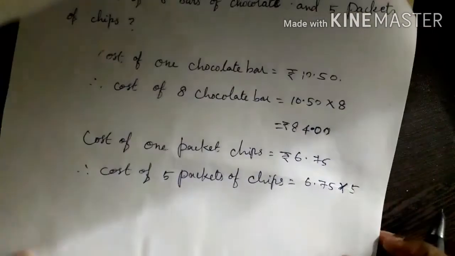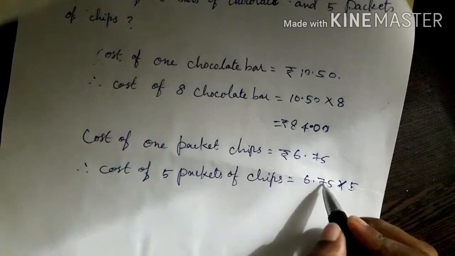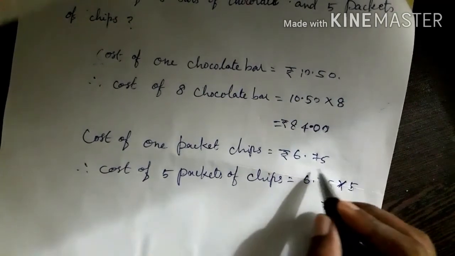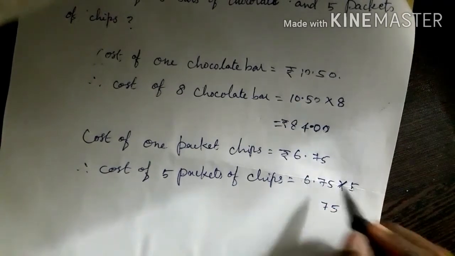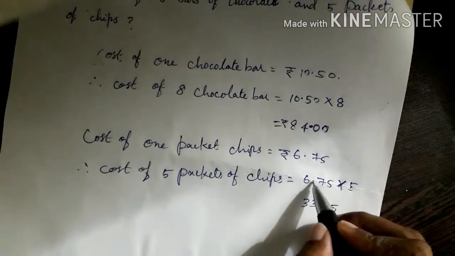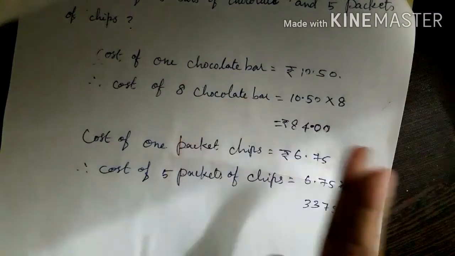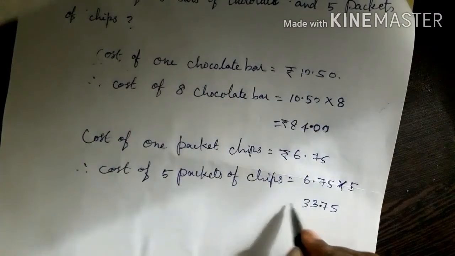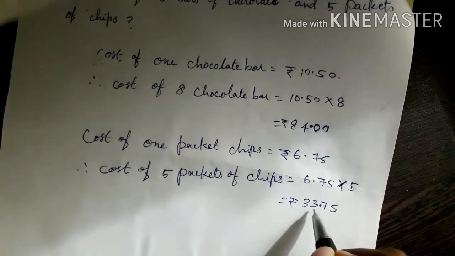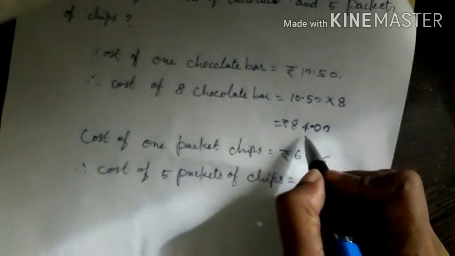So what will come? 5 fives are 25, 2 remainder, 5 sevens are 35, 35 plus 2 is 37, 3 remainder, 3 fives are 30, 30 plus 3 is 33. Now the point: there are 2 numbers after the point, so only 2 numbers before the point. So 5 packets of chips cost 33 rupees 75 paise, and 8 chocolate bars cost 84 rupees.